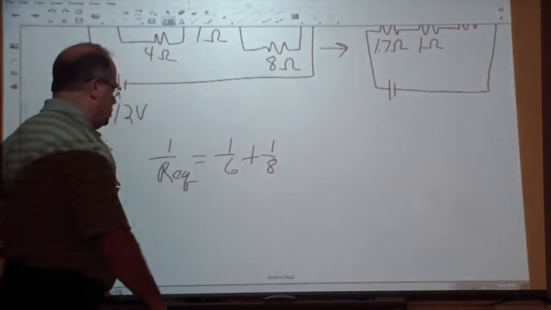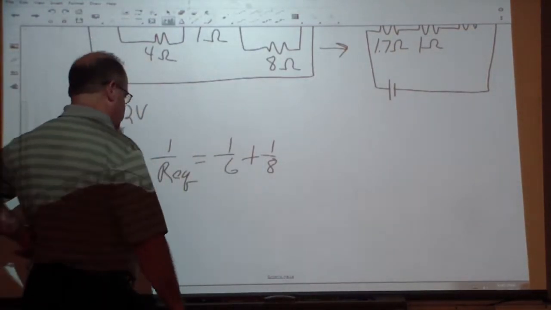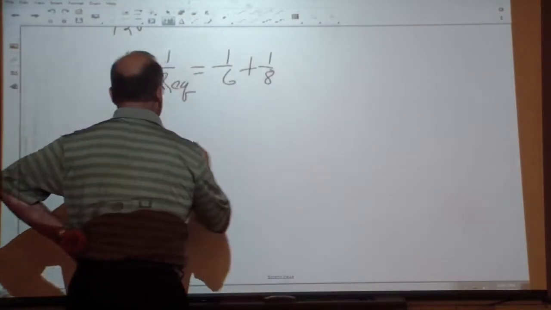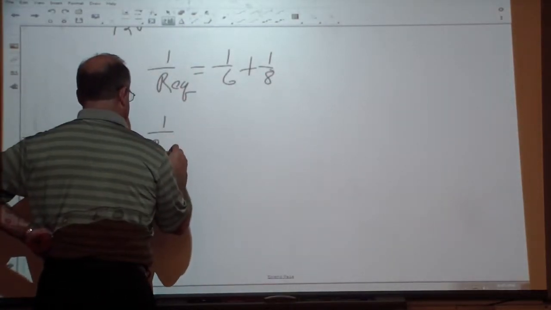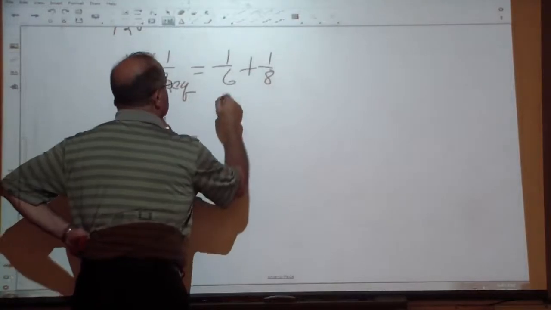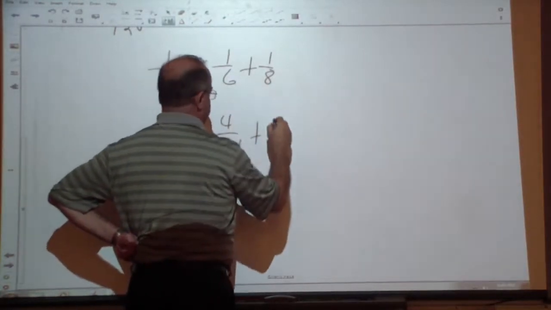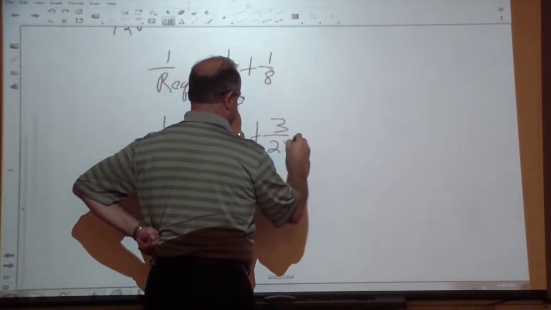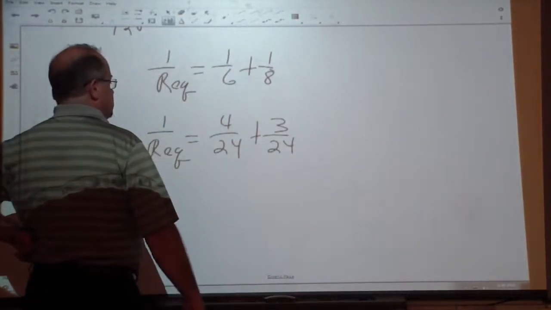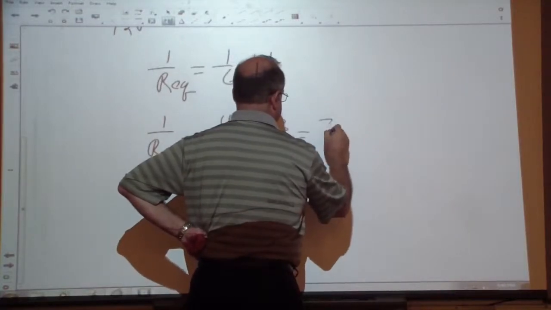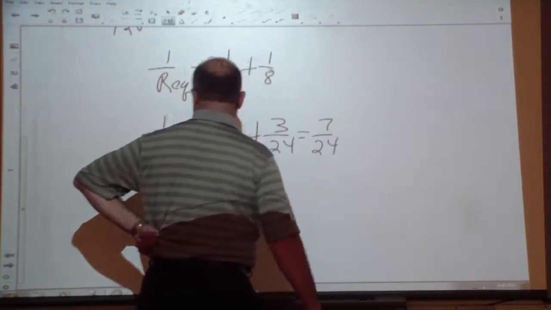Common denominator, what, 24? Okay, so let's do that. 4 over 24, and 3 over 24. Okay, this is going to be 7 over 24. Flip it.